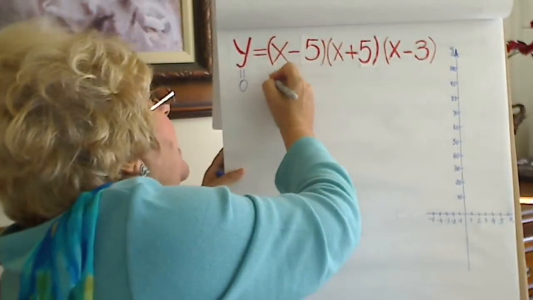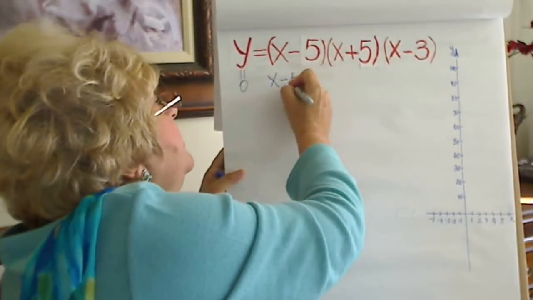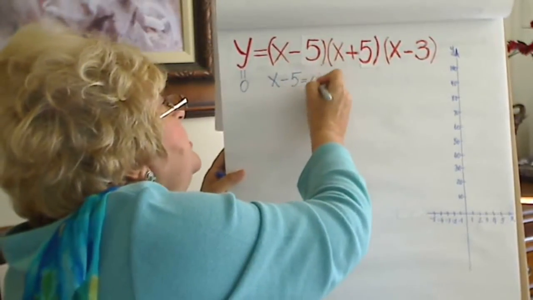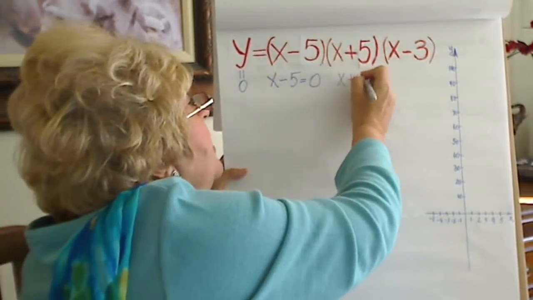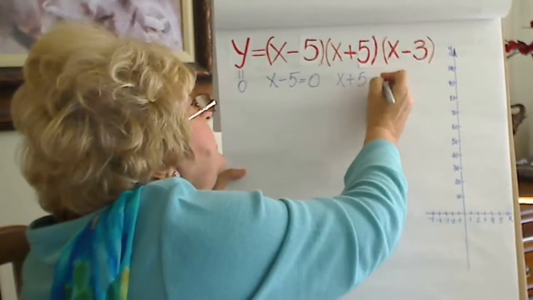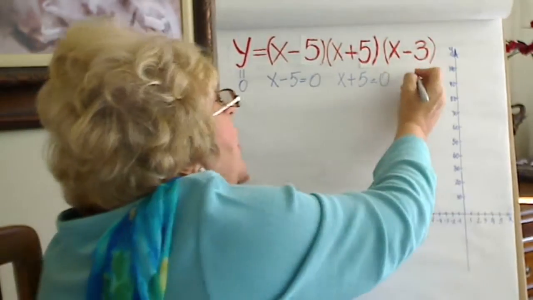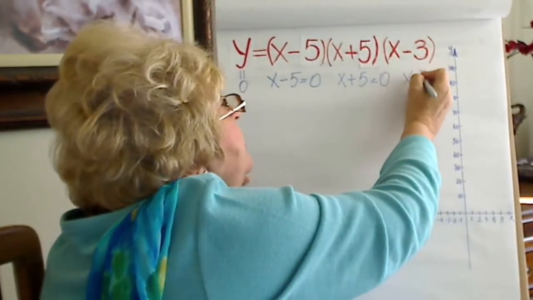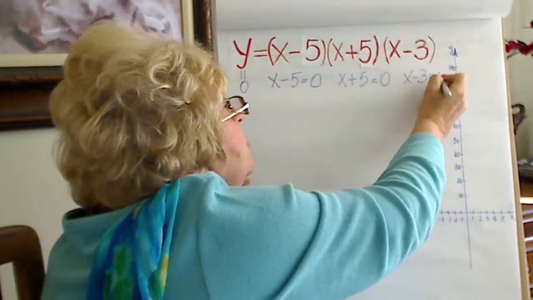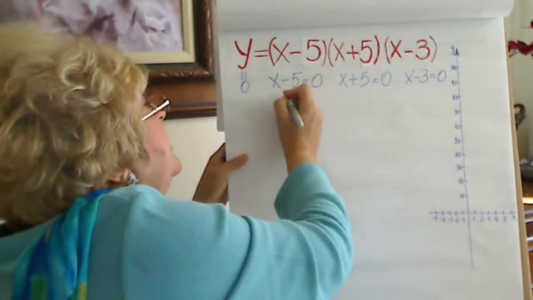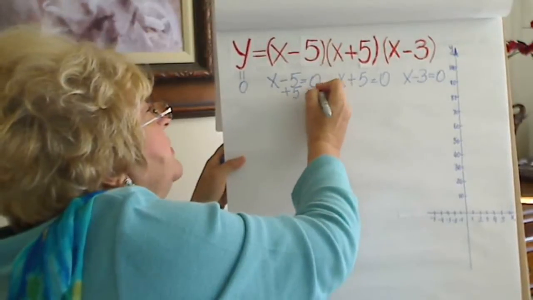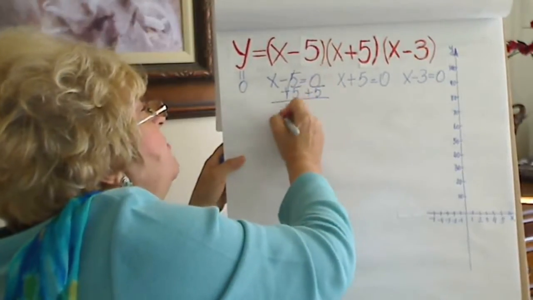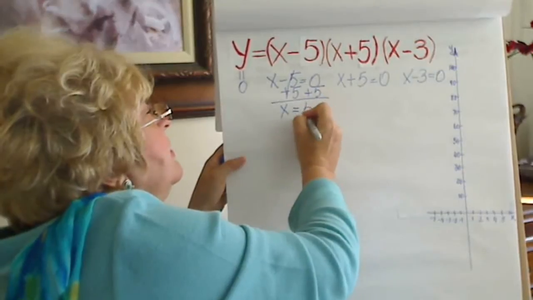Let's do this. x minus 5 equals 0, or x plus 5 equals 0, or x minus 3 equals 0. In this case, we add 5, we have x equals 5.